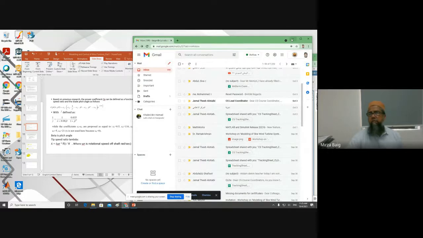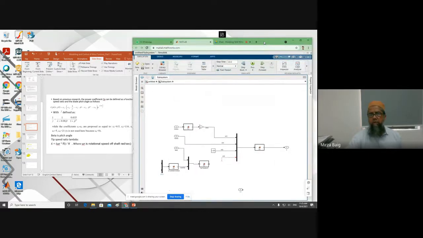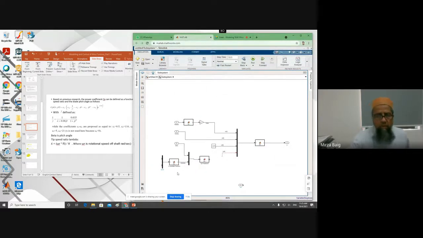For lambda we need lambda and beta. So beta is here. We need to find lambda by omega r over v. We need another input as omega r.